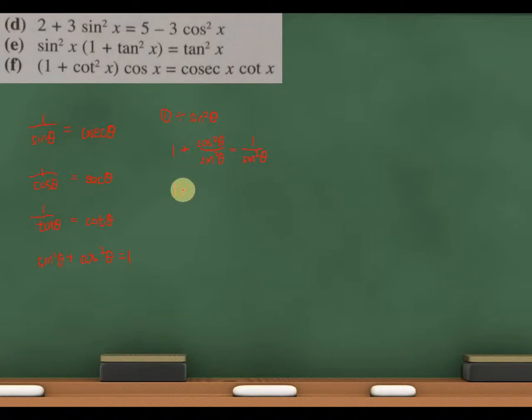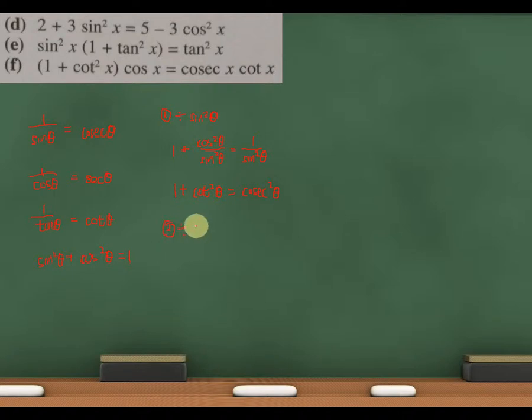Simplifying this, cosine over sine is cotangent, so this will be equivalent to cotangent square theta. 1 over sine is cosecant, and in this case there's a square, so it's cosecant square. So we have derived this.